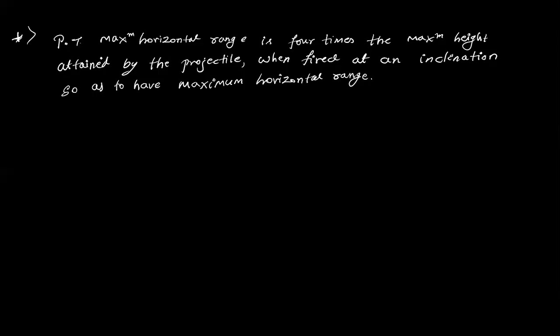Okay. This is the problem. We have to prove that the maximum horizontal range is 4 times the maximum height attained by the projectile when fired at an inclination so as to have the maximum horizontal range. Okay. So here, to get the maximum horizontal range, the theta should be 45 degree. This we all know.